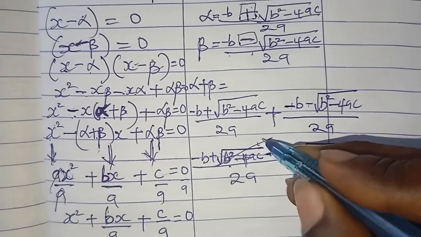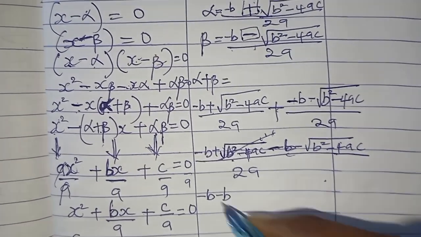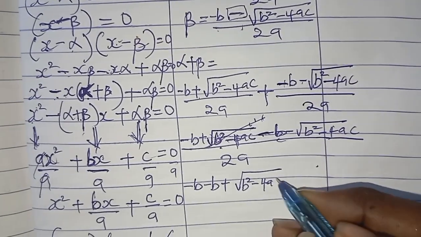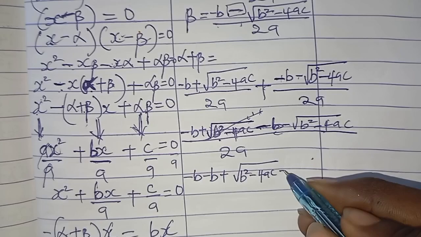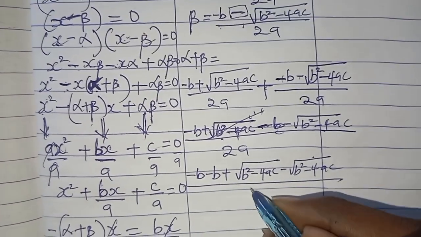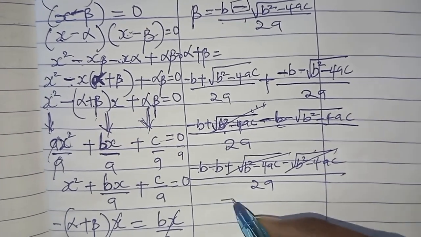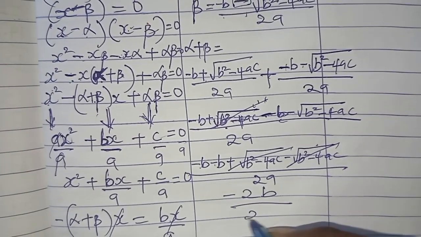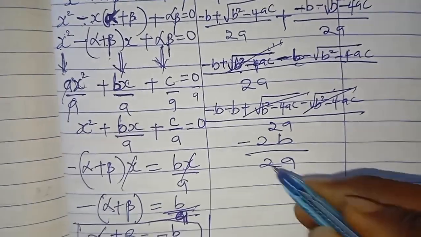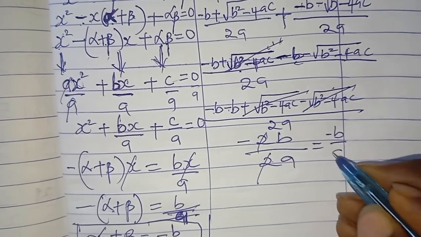So we bring out minus b, then plus root b squared minus 4ac, minus root b squared minus 4ac, all over 2a. The root terms take care of each other. Minus b minus b becomes minus 2b all over 2a. This is 2, this is 2, cancel, cancel, so that I now have minus b over a.